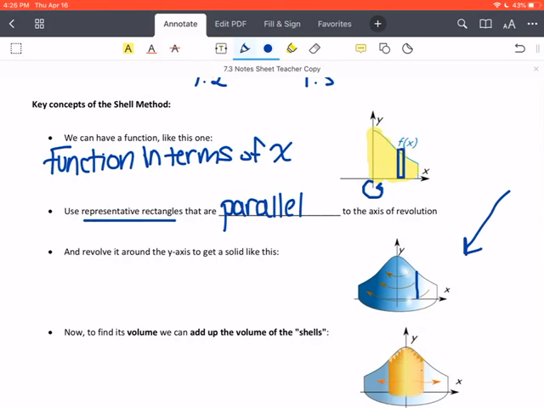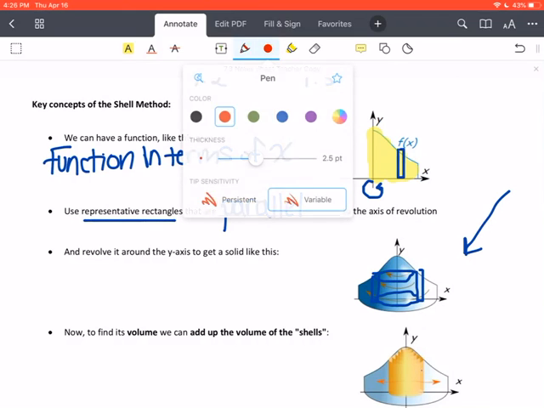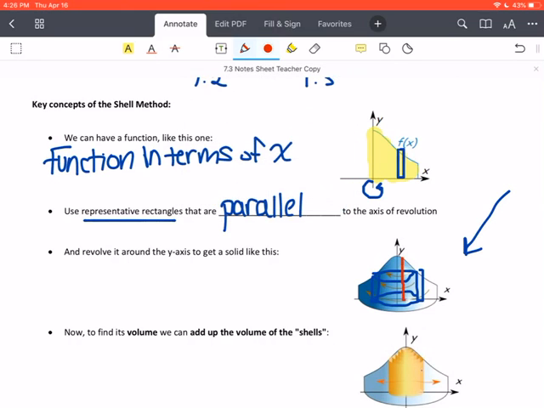So if I draw in my rectangle again, and I think about rotating it, I'm going to mirror image my rectangle, and I see that a cylinder is going to form. There is my cylinder, and the height of the cylinder was defined by the function. Now if I draw in another cylinder by using a representative rectangle that is closer to the y-axis, you can see the cylinder is going to be inside of my other cylinder.